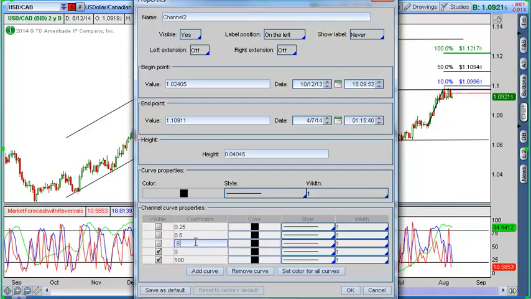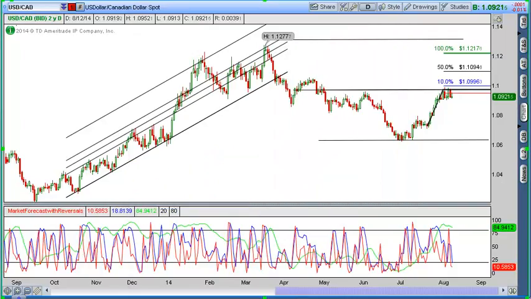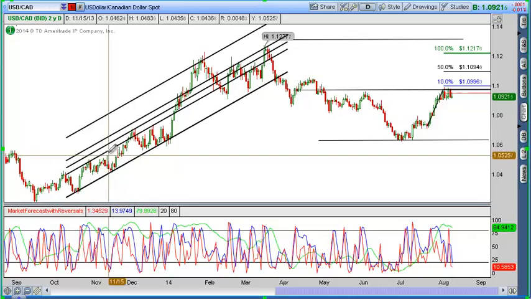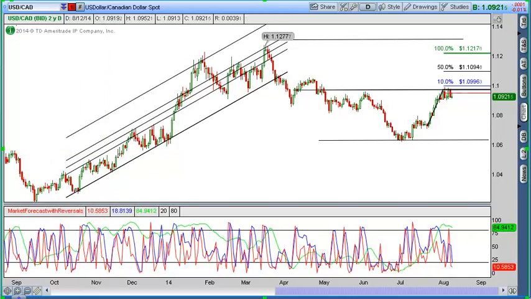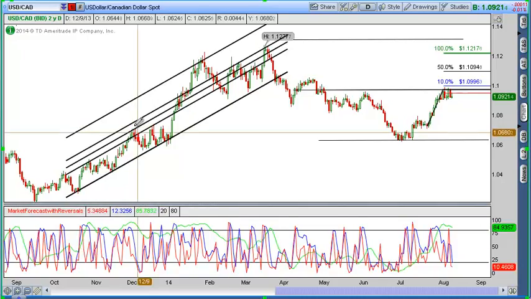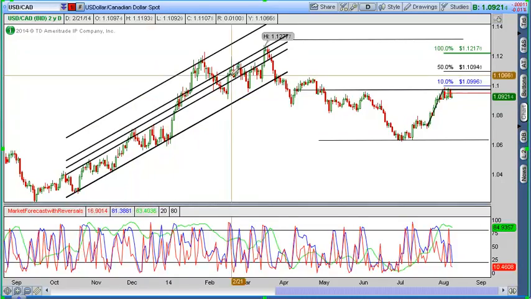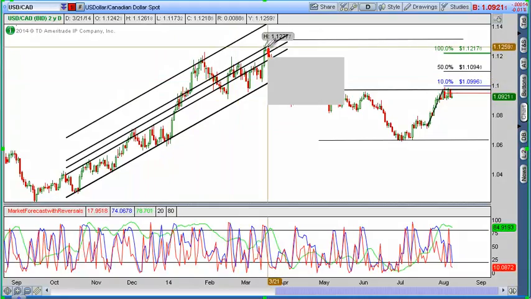We'll add a 0.618. 0.382. Ta-da! There you go. Fib channels. And it held pretty well through there, didn't it? See all those resistance and support and resistance and support, back and forth.